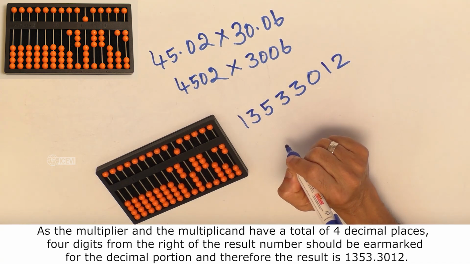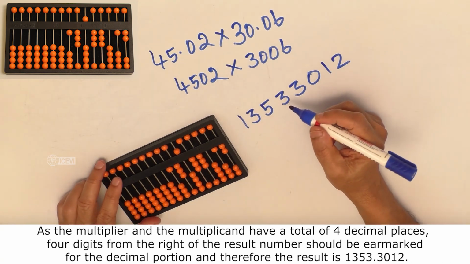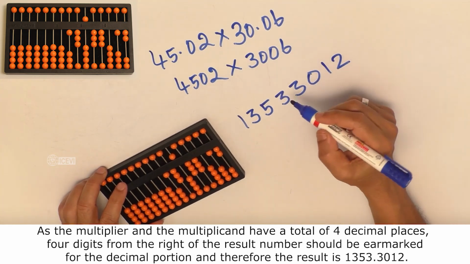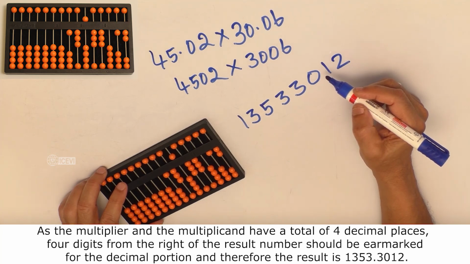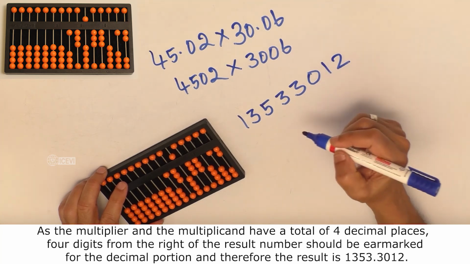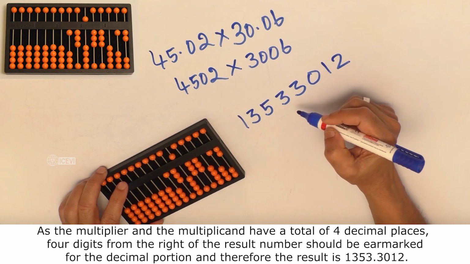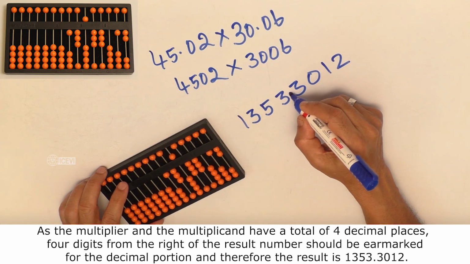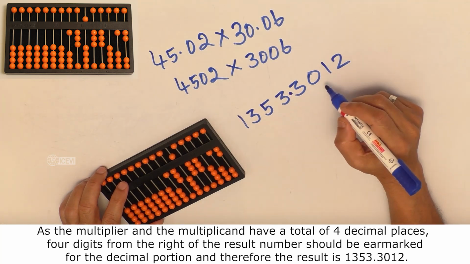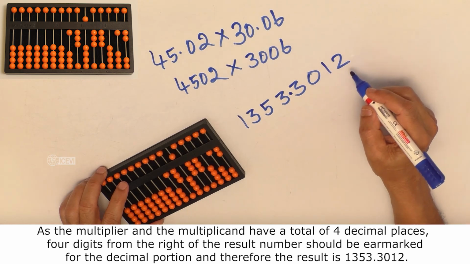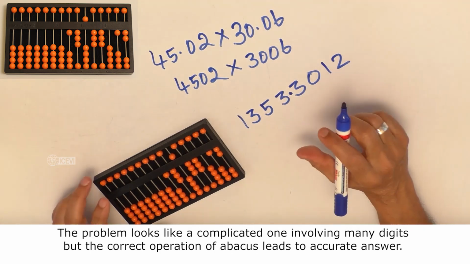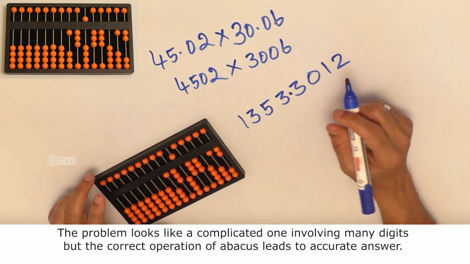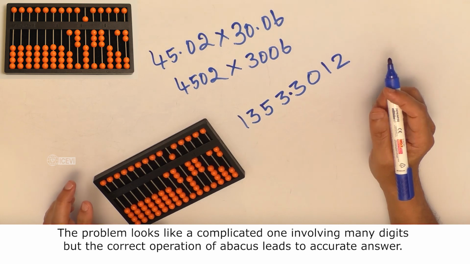As the multiplier and the multiplicand have a total of 4 decimal places, 4 digits from the right of the result should be earmarked for the decimal portion, and therefore the result is 1353.3012. The problem looks like a complicated one involving many digits, but the correct operation of abacus leads to accurate answer.